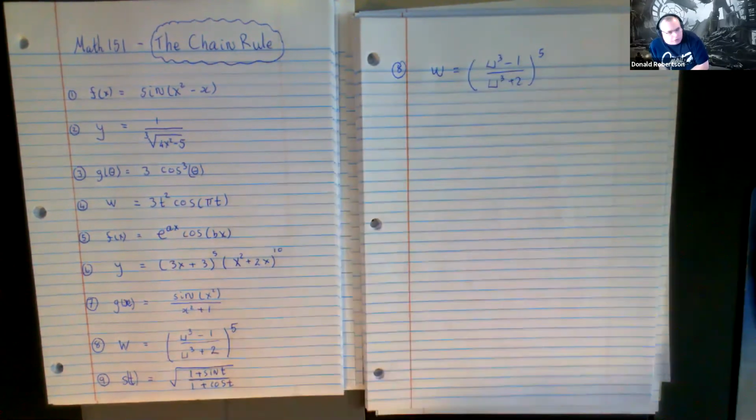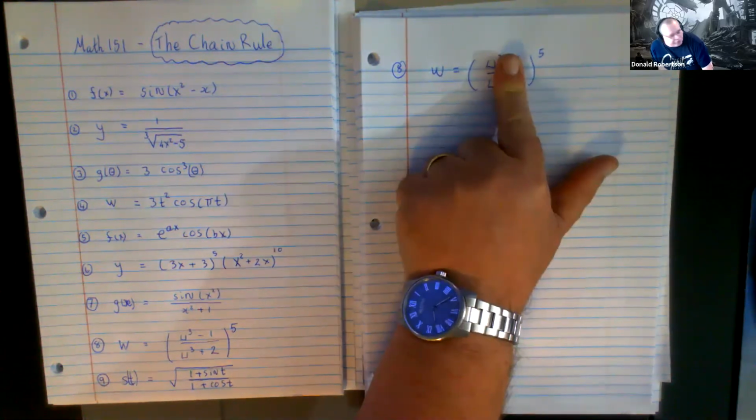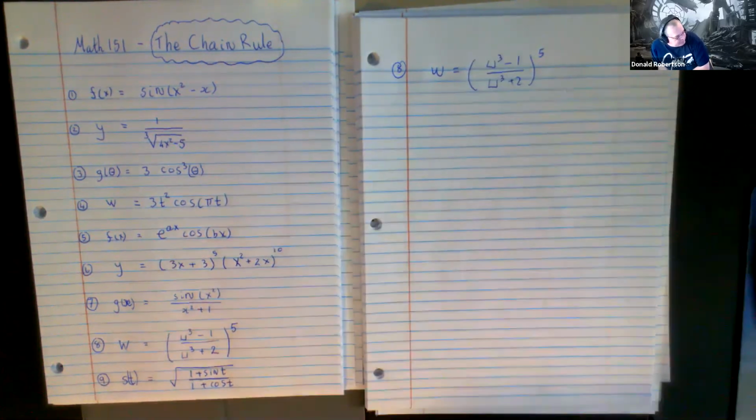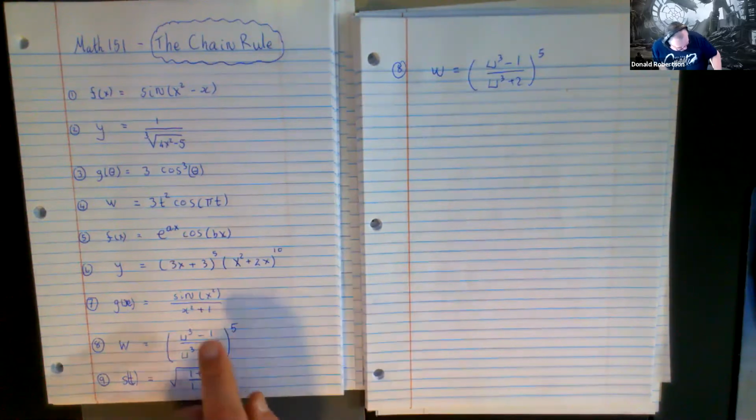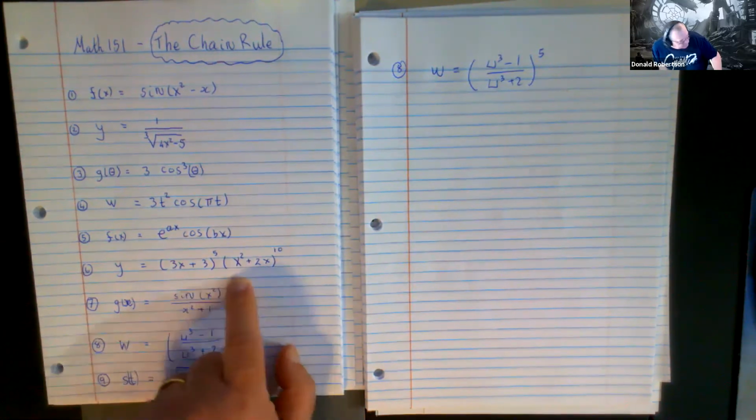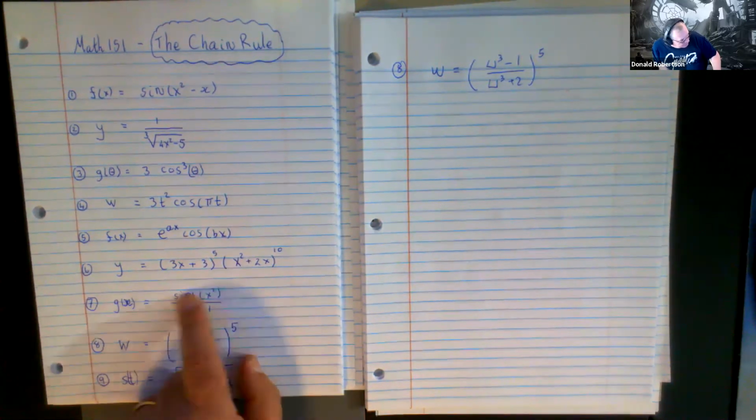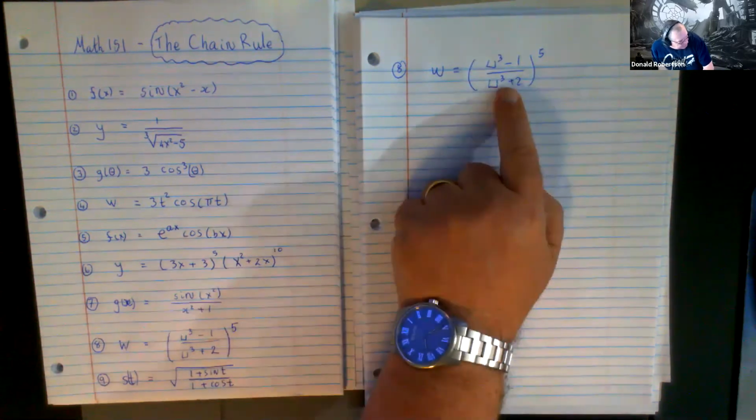So that means there's going to be a quotient rule somewhere. But it's a fraction to the power of 5. So this is a chain rule and a quotient rule. But it's the chain rule first and the quotient rule later. This was a quotient rule first with some chain rule stuff later. This is the opposite, right?